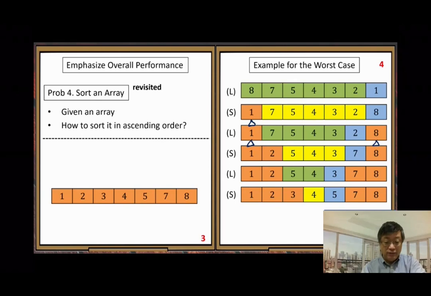That is a special example for the worst case. You can see what we are doing here. Basically, we switch between two different extremal cases, S case, L case, alternately, for this special example.